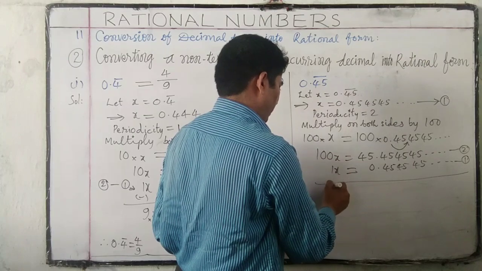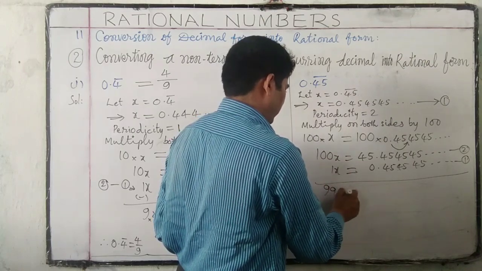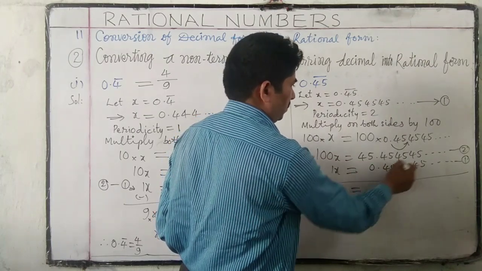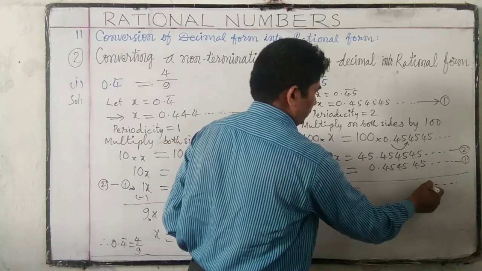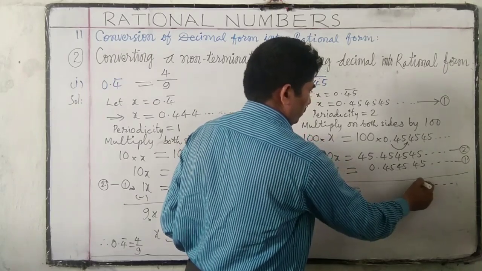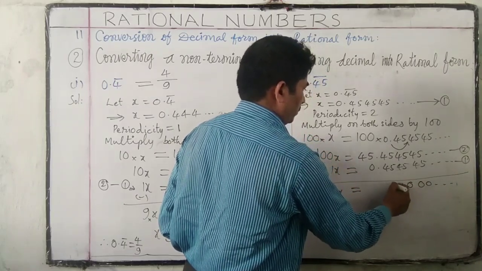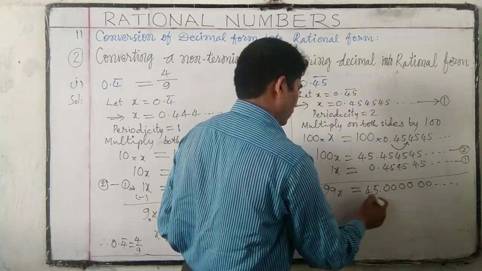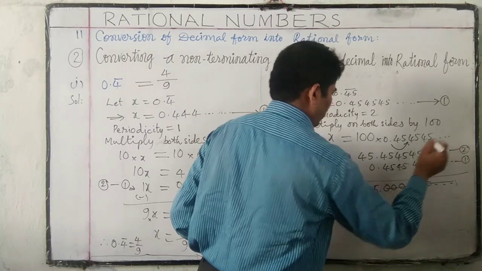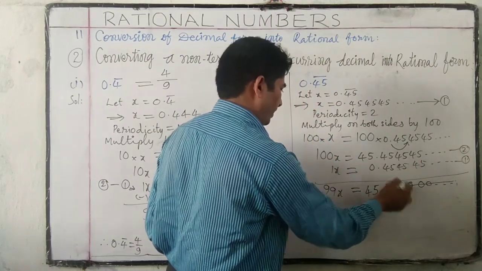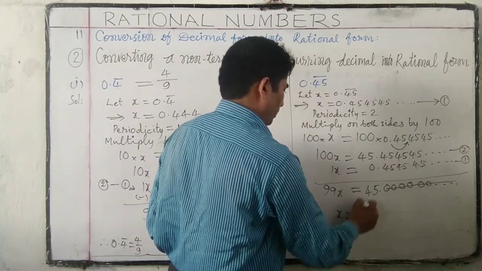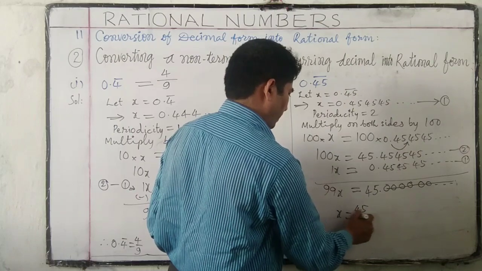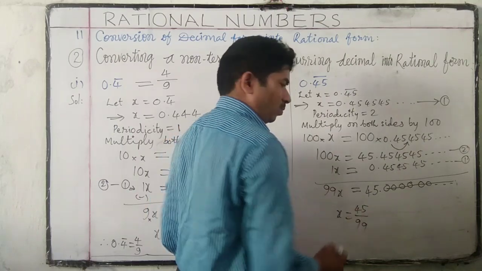100x minus x, 99x is equal to 45. The zeros and the point have no value. 45 by 99.